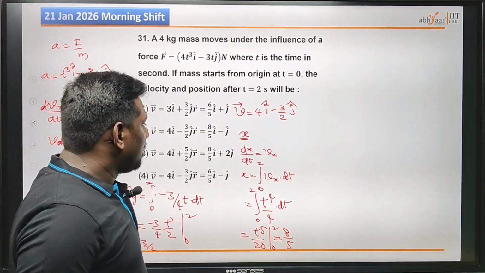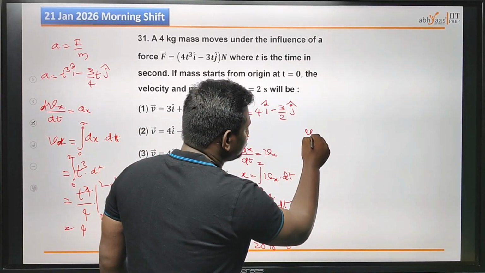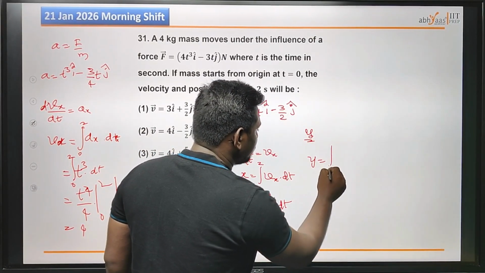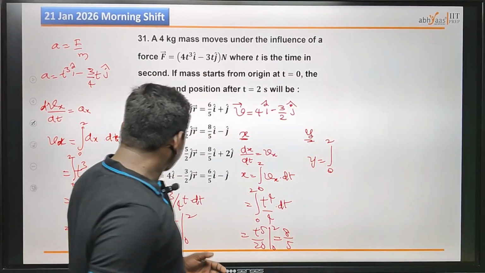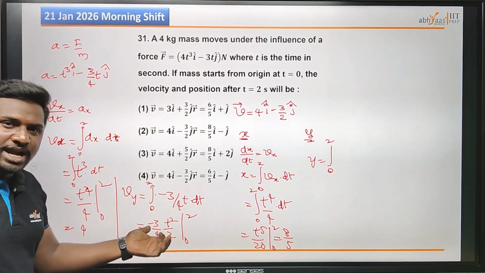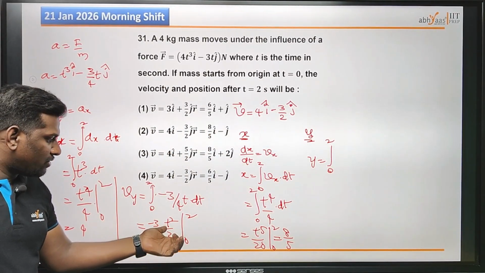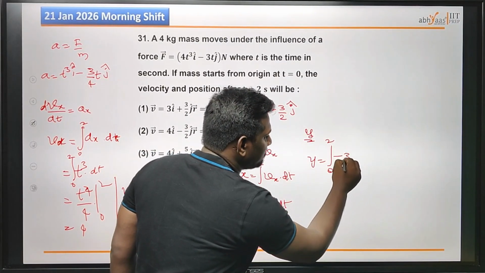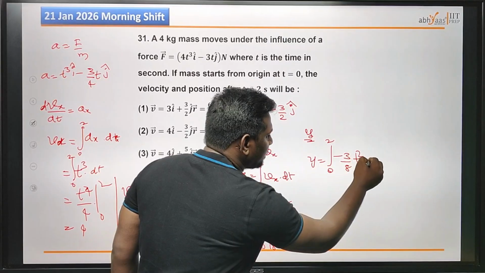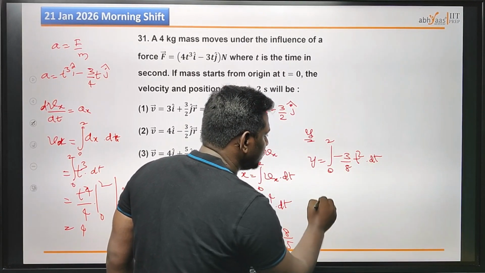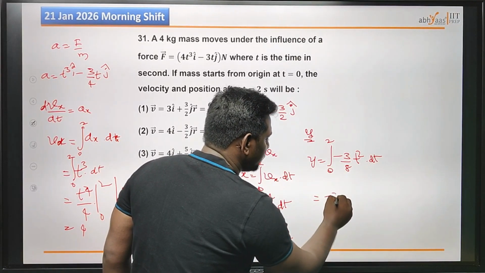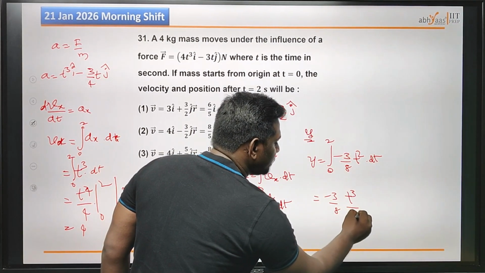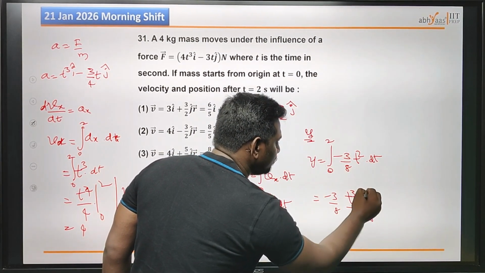For y, position y equals the integral from 0 to 2. What is Vy? Minus 3 by 4 t square by 2, so simply minus 3 by 8 t square dt. So minus 3 by 8 outside and t cube by 3 from 0 to 2.